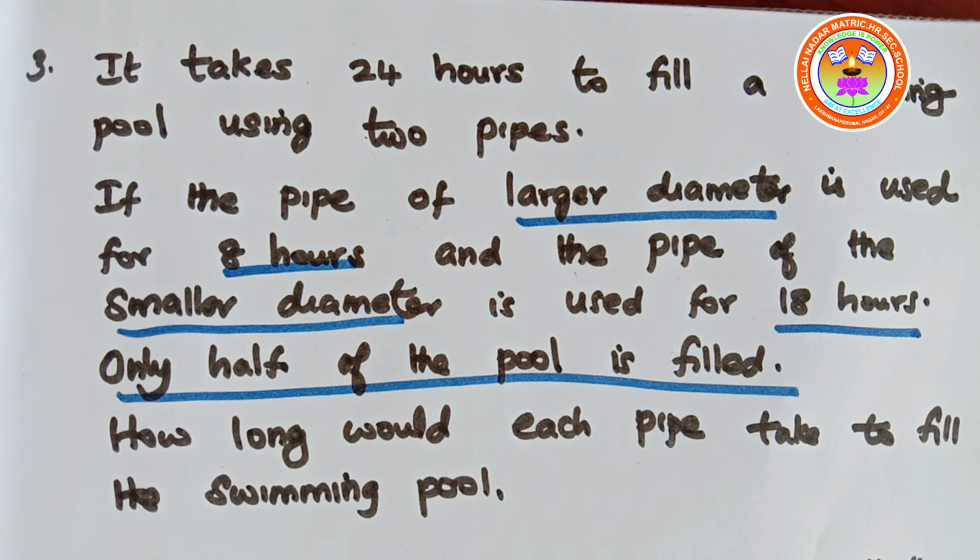The larger pipe is used for 8 hours, and the smaller pipe is used for 18 hours. So half of the pool is filled. The question is, you are going to find how long each pipe takes to fill the swimming pool. It's clear, children? Let us see.